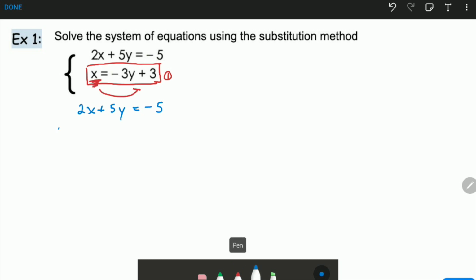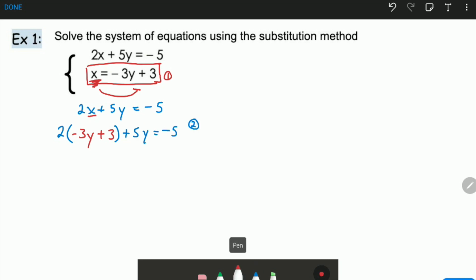So I'll replace my x, 2 times, with -3y plus 3, plus 5y equals -5. So that's that second step.